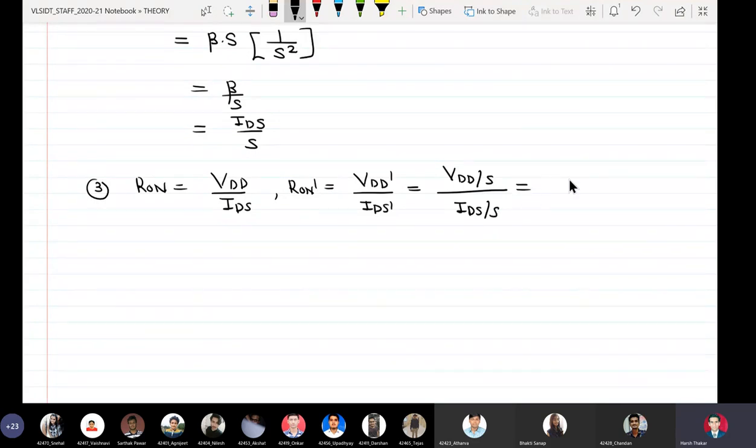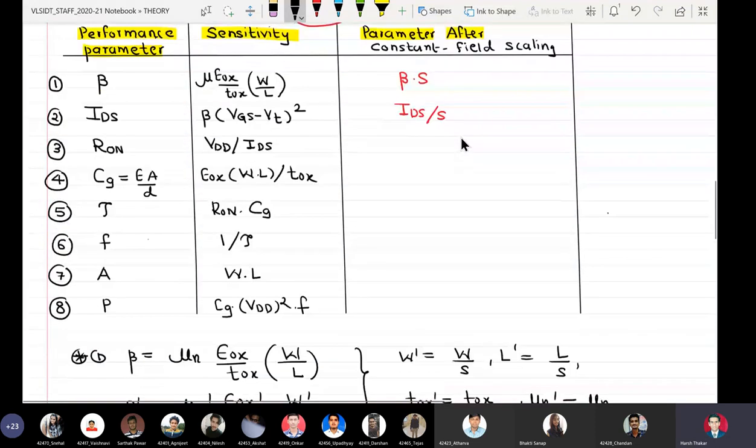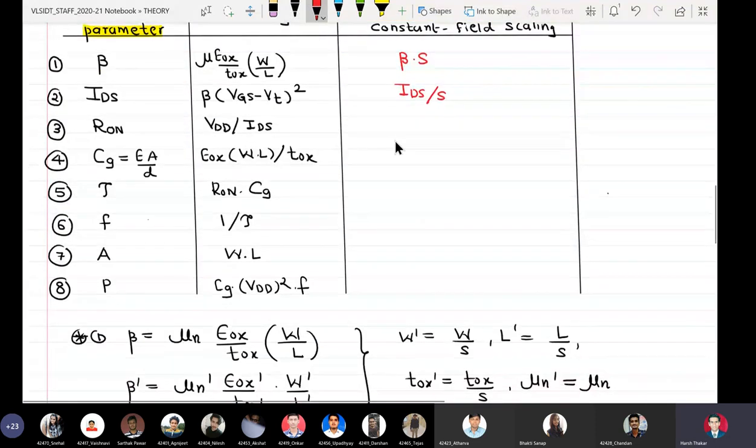So basically R on dash continues to remain equal to R on. There is no effect of scaling factor on the resistance. Only if it would have been scaled down, it would be an added advantage. Anyways, there is no change, so it is equal to R on.